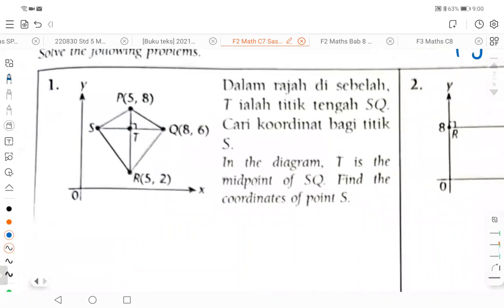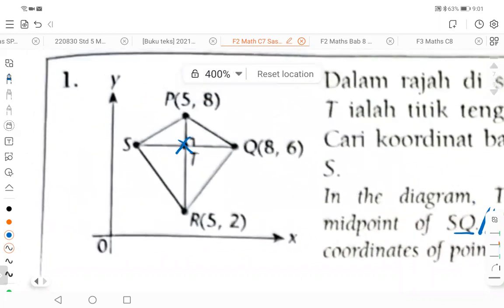In the diagram, T is the midpoint of SQ. Stop here first. Look at T first. T is in the middle of line SQ. Can you tell me the coordinate of point T?